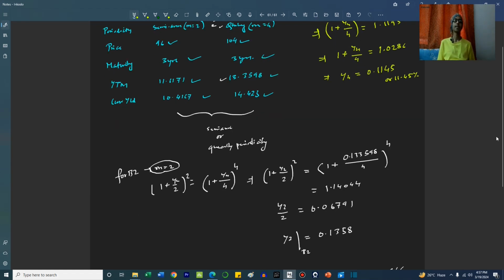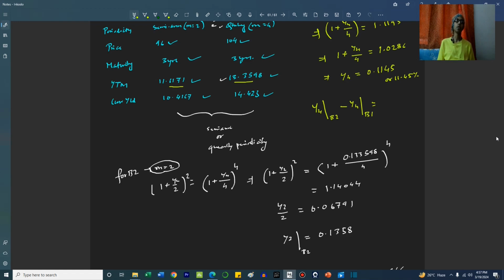Now in this case, the spread between B2 and B1 comes to be y4 for B2 minus y4 for B1.